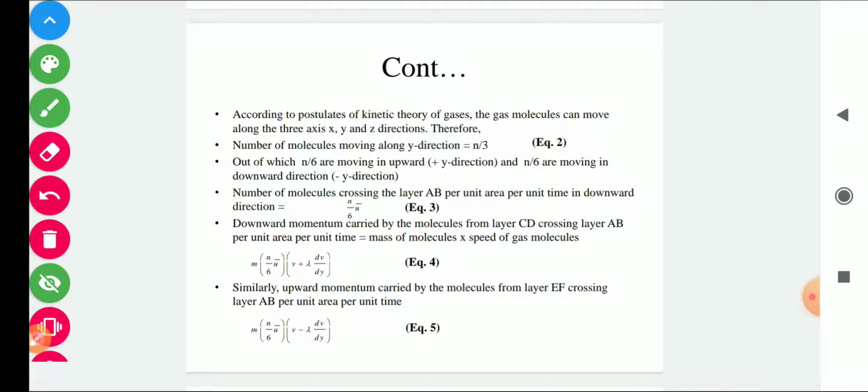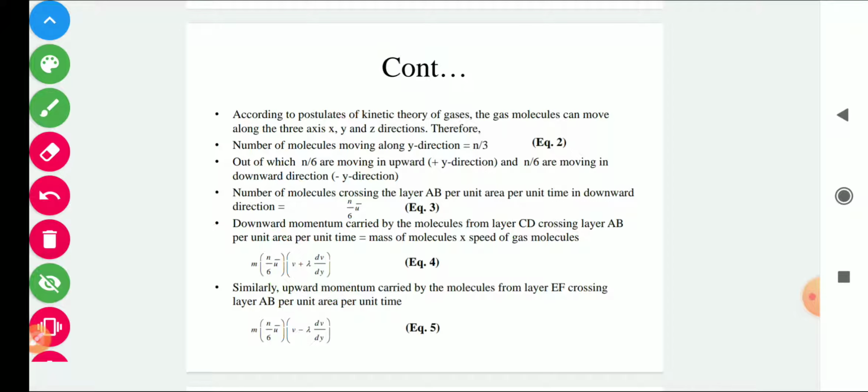Now the downward momentum carried by molecules from layer CD crossing layer AB per unit area per unit time will be equal to mass into velocity. The velocity of the upper layer is v plus lambda dv by dy, which we have calculated in our previous slide.